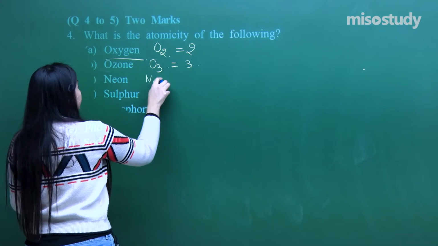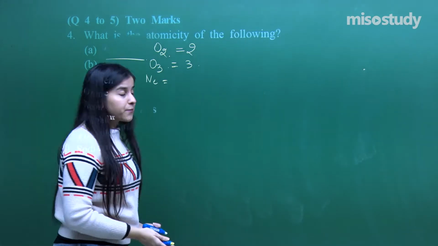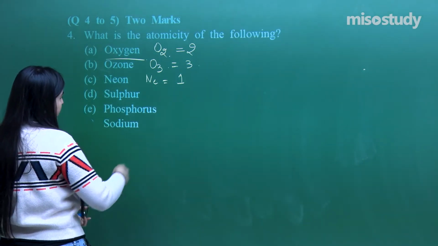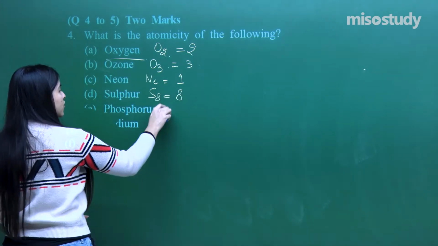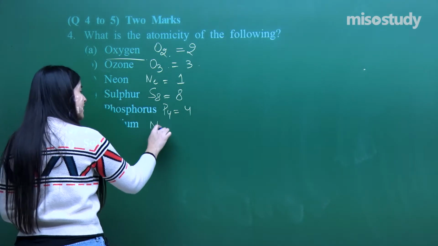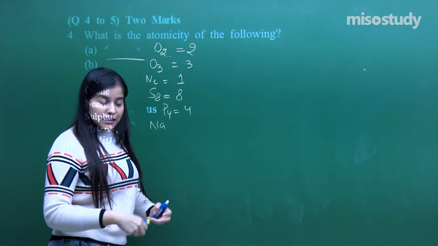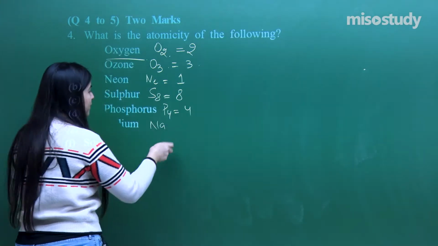Neon is a stable gas, an inert gas, it does not combine with any other atom, so it has atomicity 1. Now sulfur exists as S8, so 8 is the atomicity. Phosphorus, as I told you, is 4. And sodium, again a metal, can be in a combined state, but in the individual state it does not combine with any other sodium to be stable.